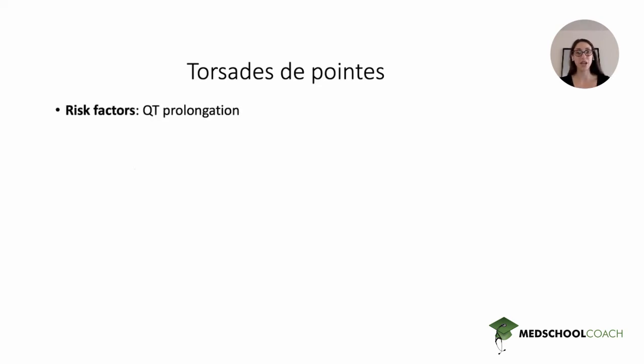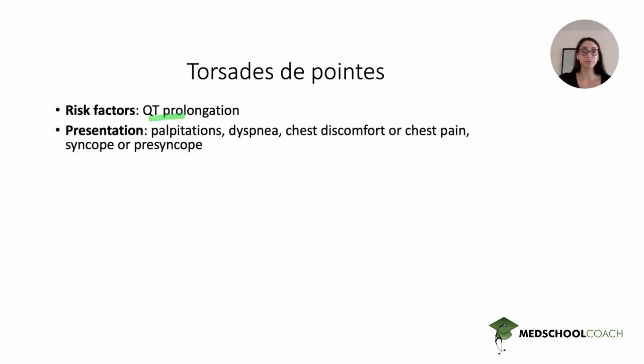The major risk factor you may remember for torsade de pointes is going to be QT prolongation. When that QT gets prolonged, it's a setup for torsade de pointes. This is going to present like any other tachycardic arrhythmia, with palpitations, dyspnea, maybe some chest discomfort or chest pain, maybe syncope or presyncope, or even more seriously, this could progress into VFib and death.